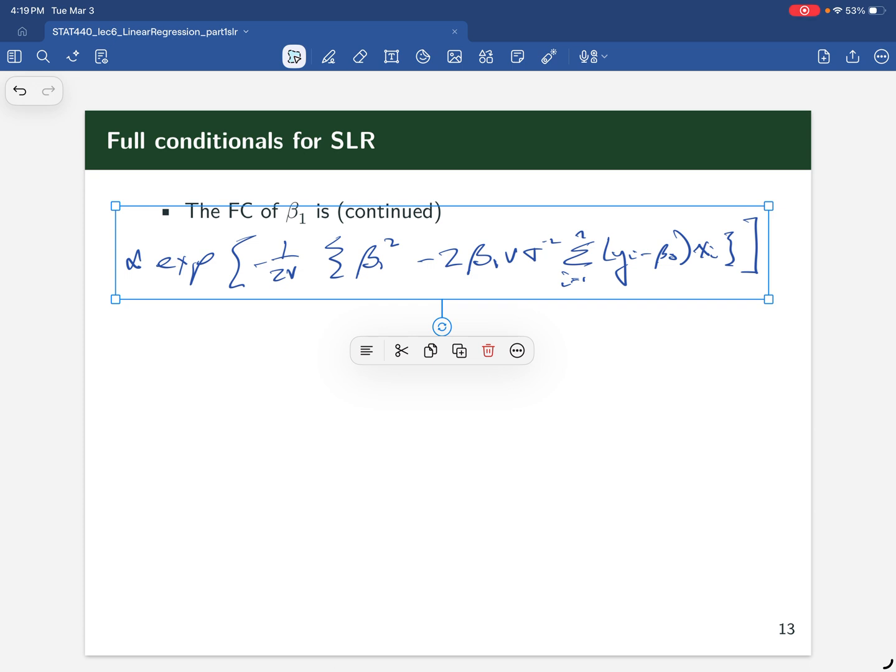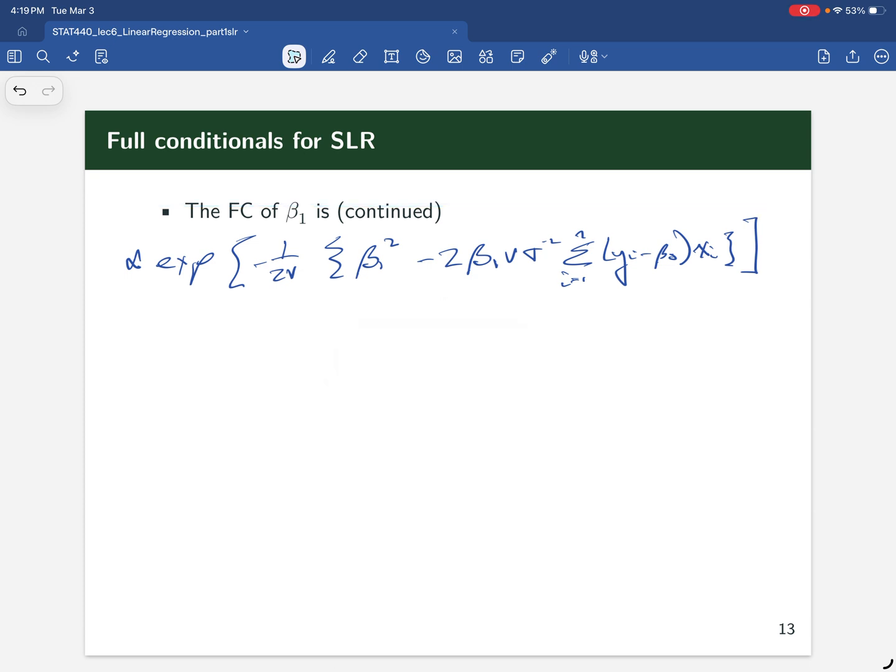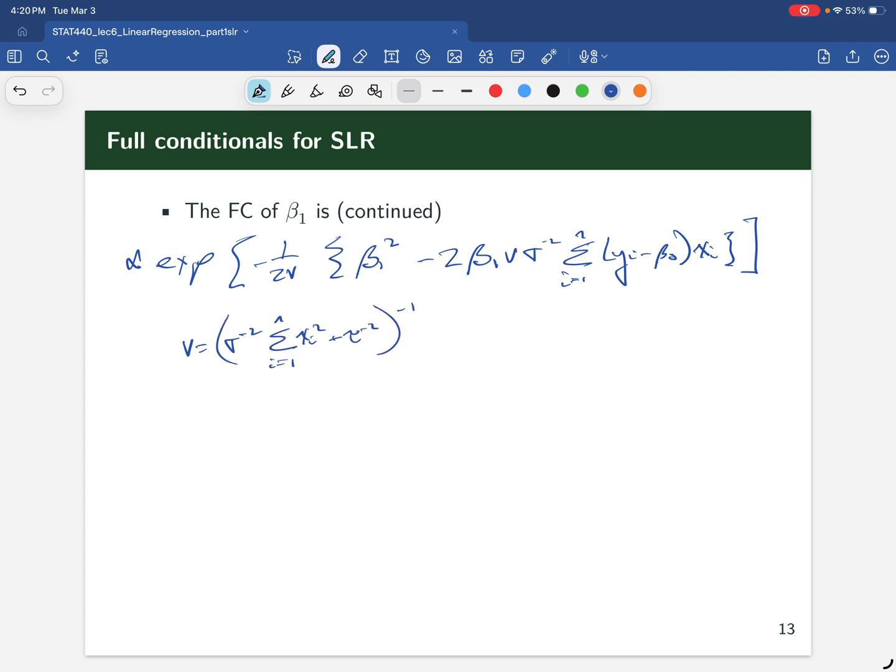Okay, here is our expression. We have already said that v equals sigma to the negative 2, sum i equals 1 to n xi squared plus tau to the negative 2, inverse. And we just said our mean from our expression before, we wanted 2 times beta 1 times the mean.